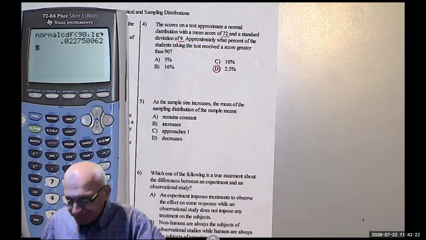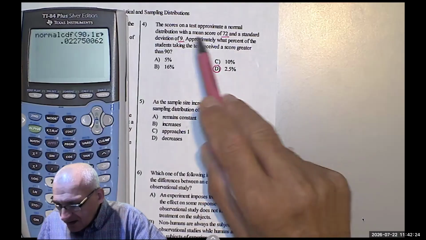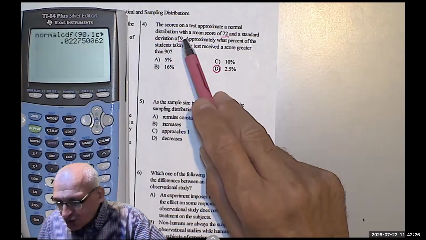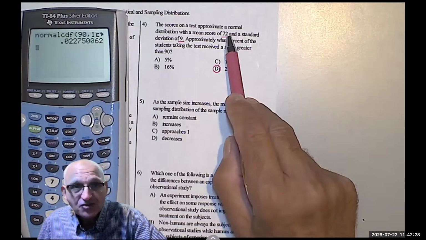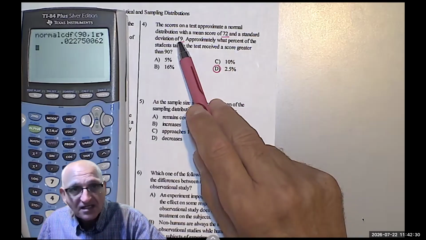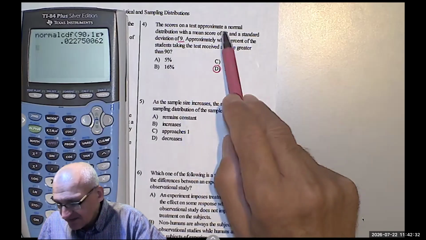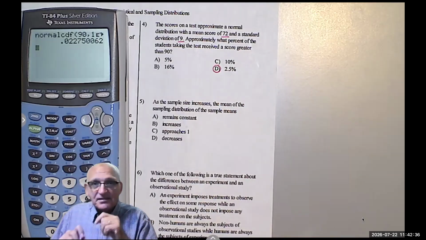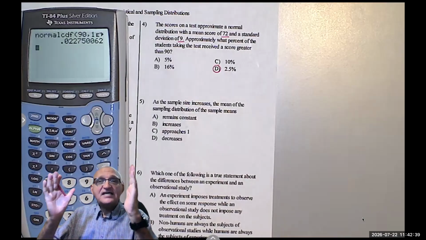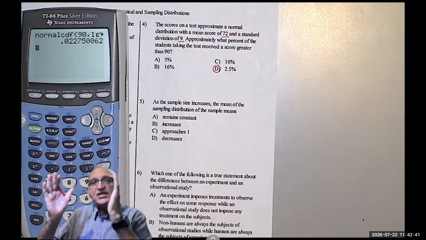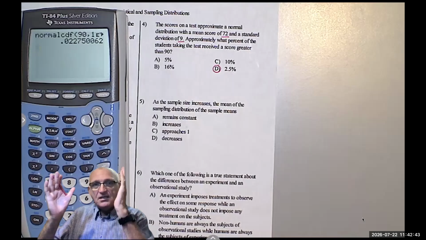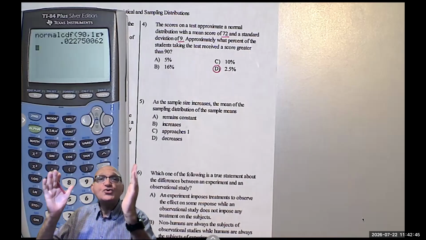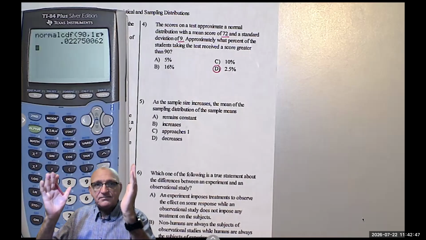You know what? 90 is two standard deviations above 72. Why? Because the standard deviation is 9, and 9 times 2 is 18, plus 72 is 90. And I know that 95% of the distribution is between negative and positive 2 standard deviations, right?